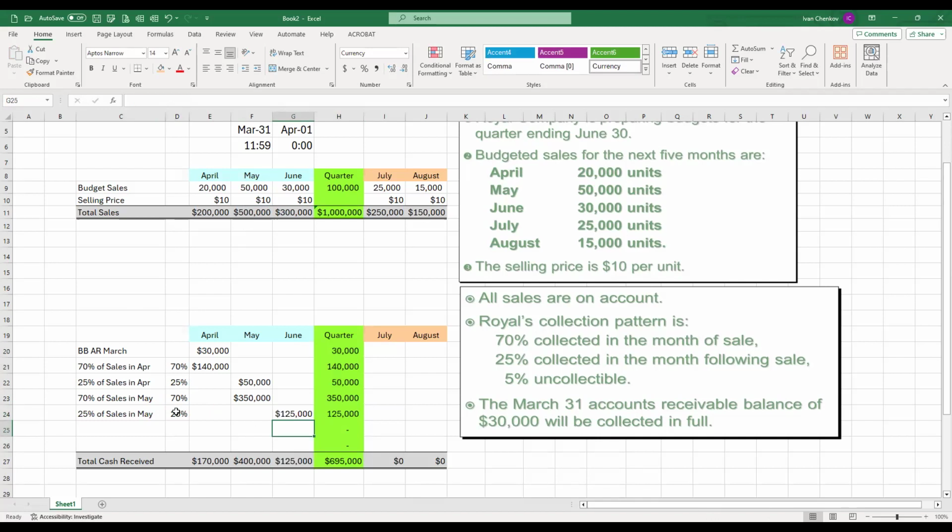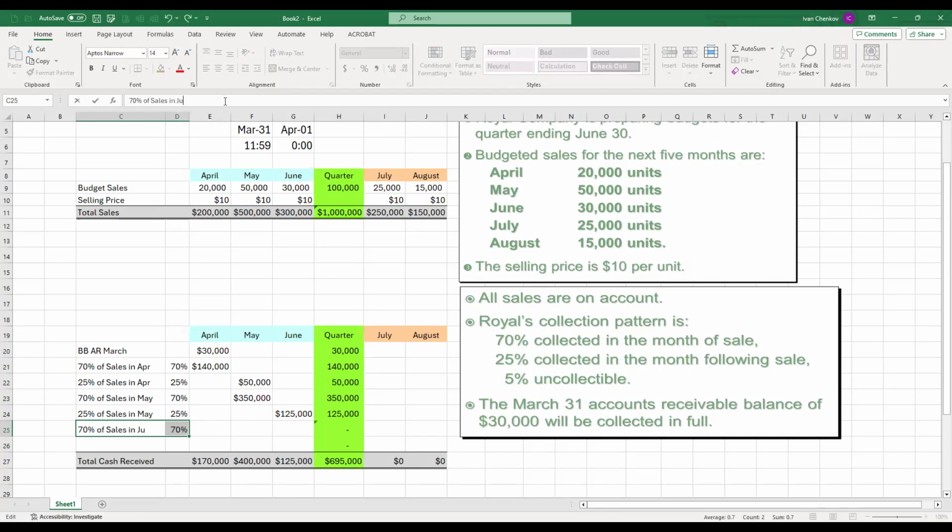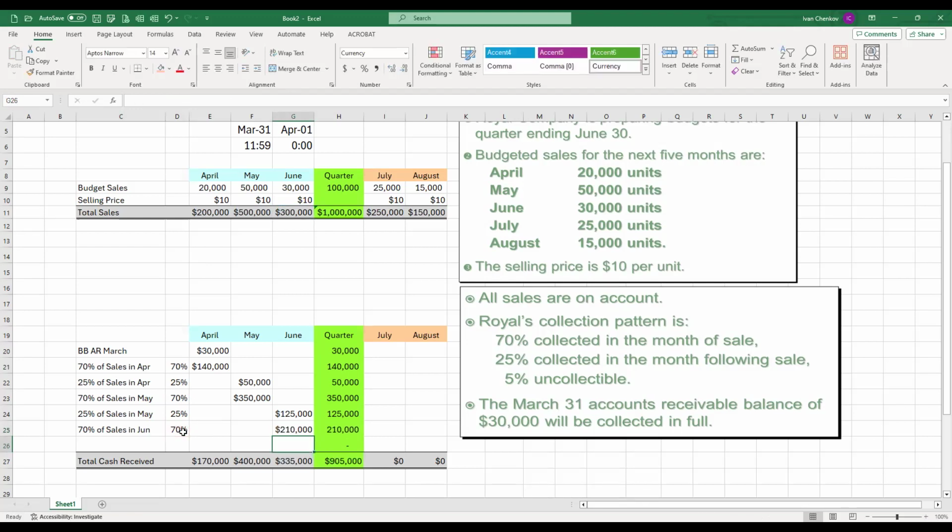We're going to collect this 125, and then we're going to collect the 70% from the sales in June. That will be equal to this one times 70%. Make sense?